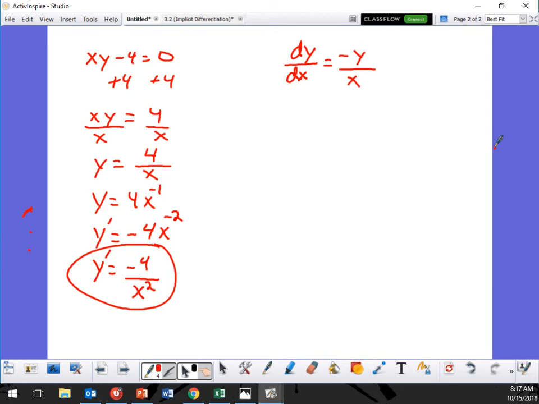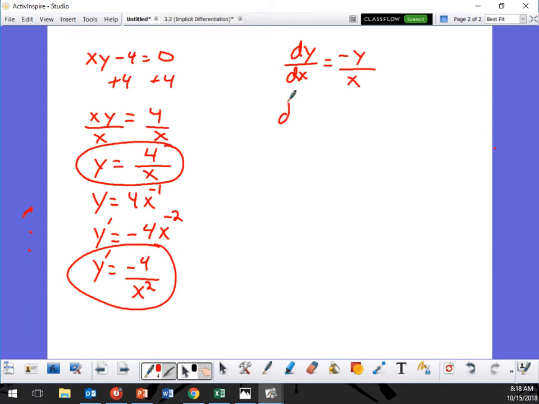Okay, so I've got to substitute now, don't I? Say yes. I have to substitute now. What am I going to substitute? The y, right? So I'm going to take this and replace y in that. So I'm going to replace y there.